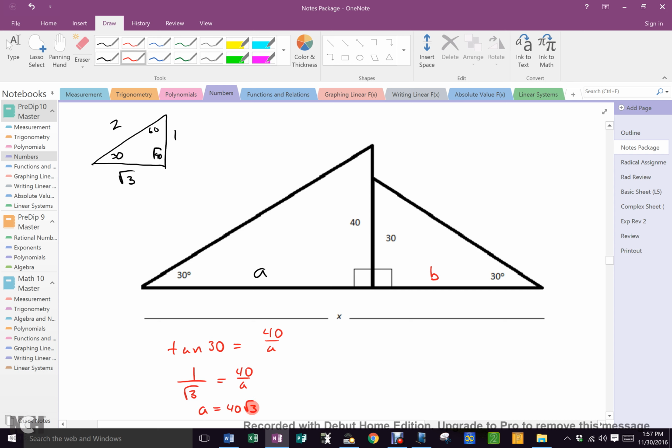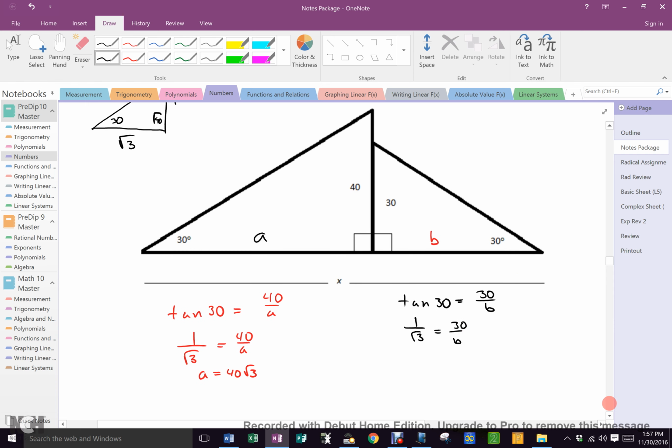Does everyone agree? Great. Now, what's B? Tan of 30 equals 30 over B, right? Tan of 30 is 1 over root 3 equals 30 over B. How do I solve that? Same thing. 30 root 3 equals B. Now, what do I know about A and B? They're both root 3s, and all I got to do is add them up to get 70 root 3.